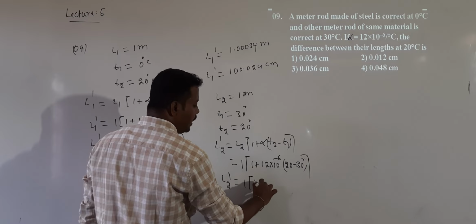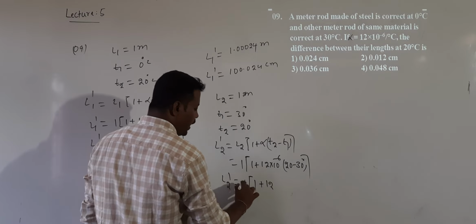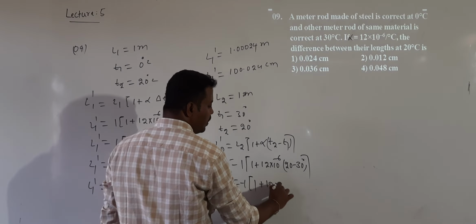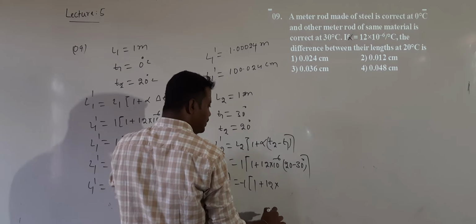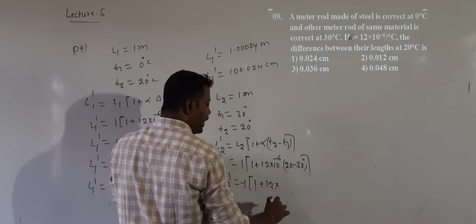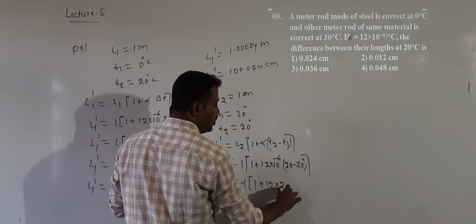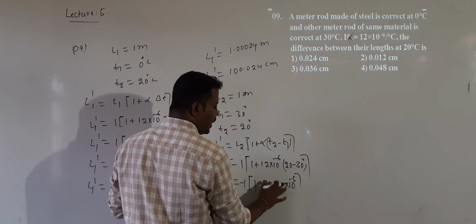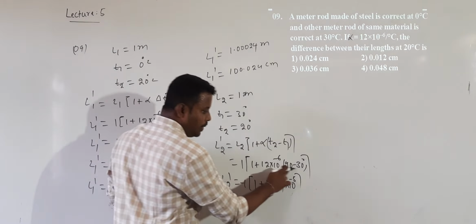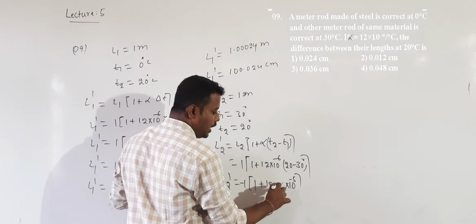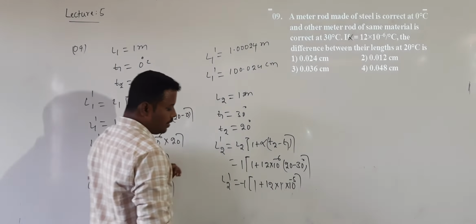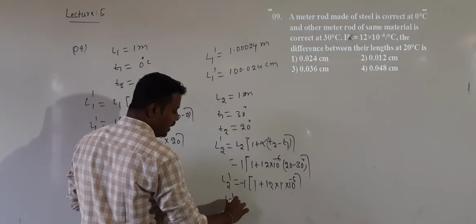So here what will I get? 1 plus 12 into, can I put a minus sign here? So 12 into 10 power of minus 6 into 20 minus 30. 20 minus 30 is 10, so I multiply with 10. That is 10 power of minus 5. So what will be the answer for L2 dash?